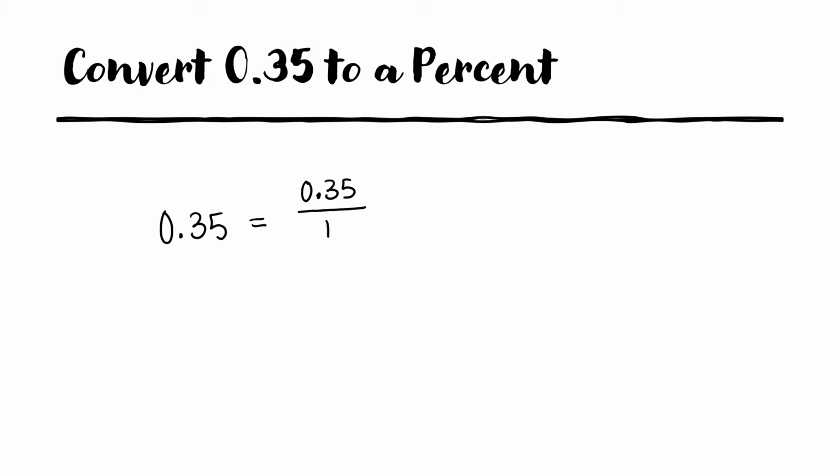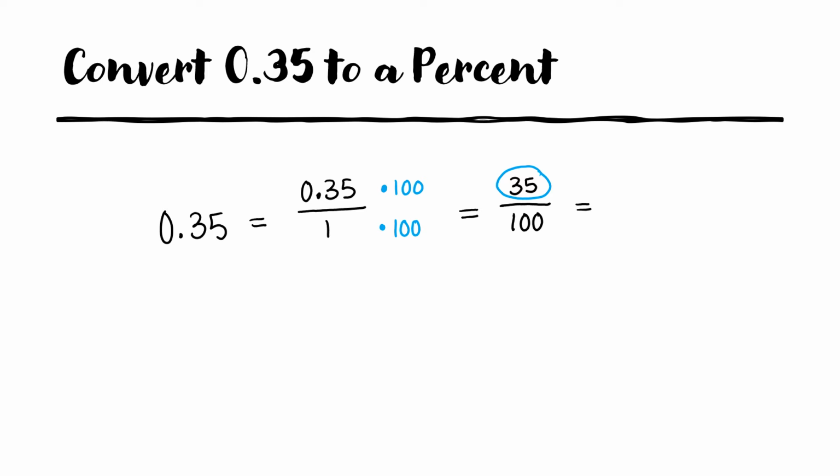So to get 1 to be 100, we need to multiply by 100, and if we multiply the denominator by 100, we need to multiply the numerator by 100. 0.35 times 100 will give us 35. 1 times 100 gives us 100. So we have 35 over 100.